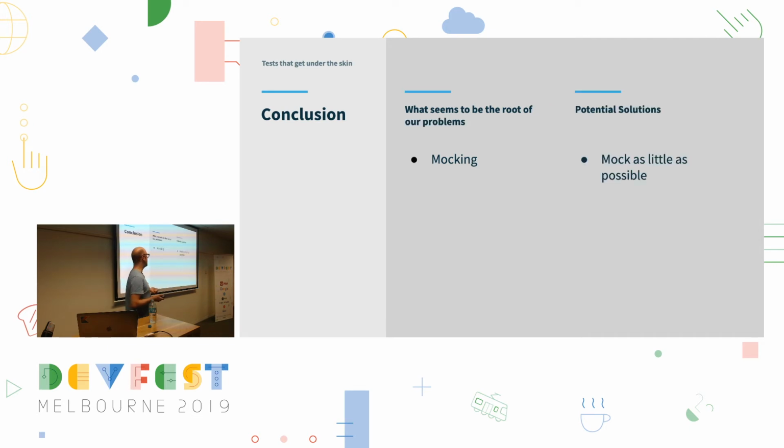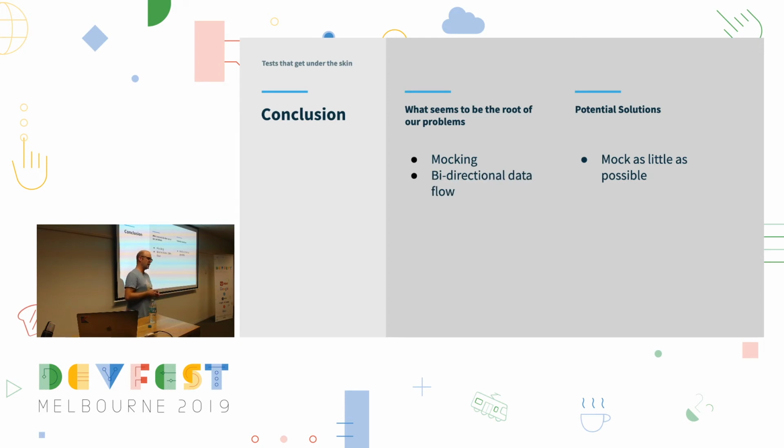And the solution might be to mock as little as possible. Mocking is usually fine if you just mock one layer. But as soon as you start returning other mocks from your mocks, and you have a tree of mocks, that's probably not the right thing to do.